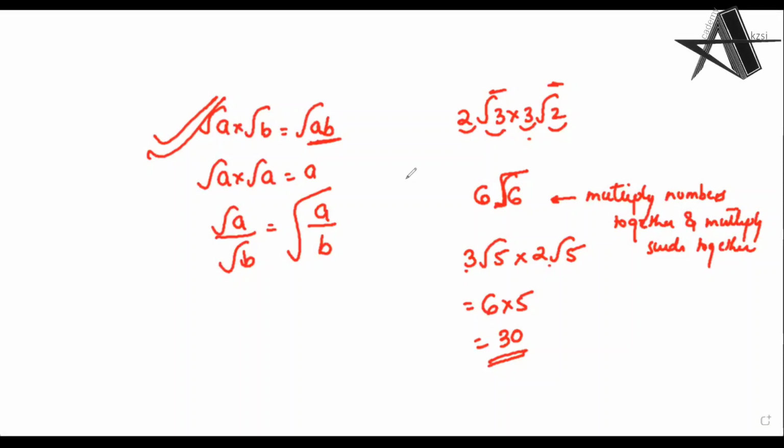See, when you multiply surds together, you have to apply these three rules, right? Same surds will give you just the number, a pair will give you the number. If you are multiplying two different surds having different base numbers, it will be a multiplied by b inside the root.